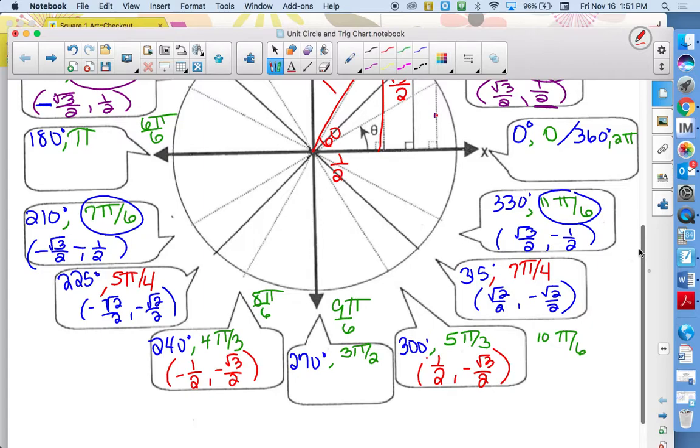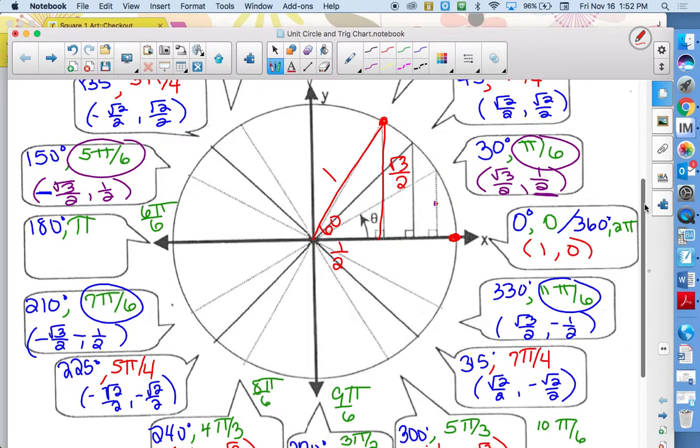The last four angles are called our quadrant angles, where you're only moving left or right or up or down. And the distance you're moving to get you to the edge there is whatever the radius is. So for the angle of 0, I'm moving over a distance of 1 because that's the radius, and we're not going up, so that ordered pair is 1, 0.